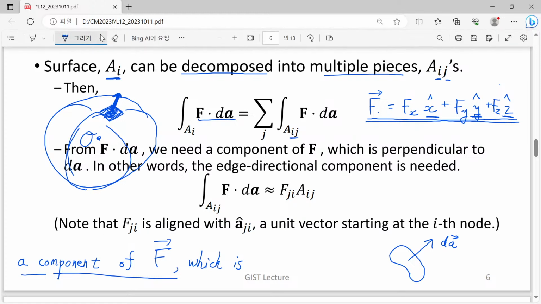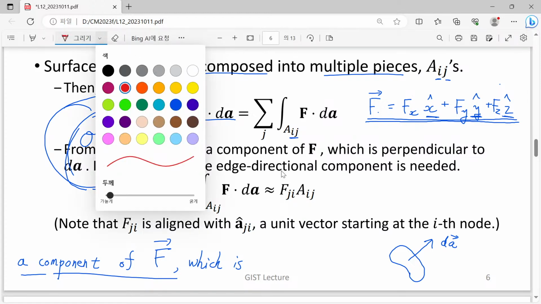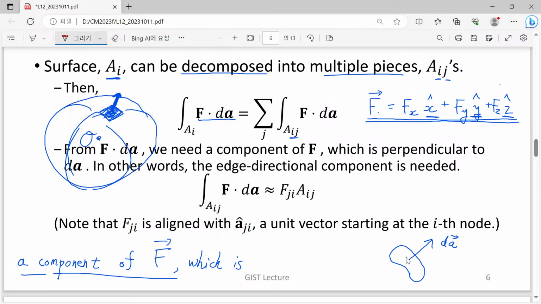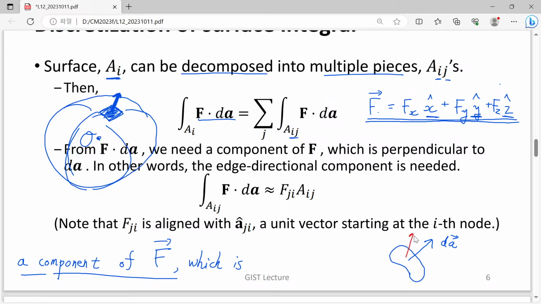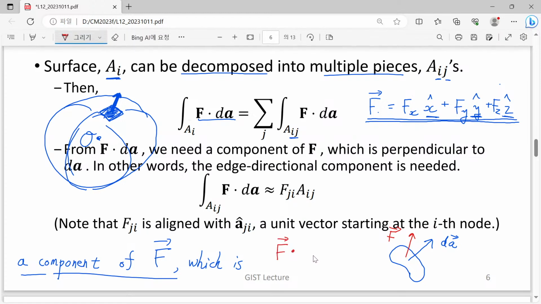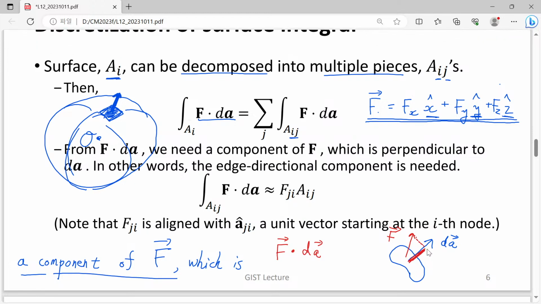And let's assume that on this surface our F vector has this direction, so they are not perfectly aligned. However, when we calculate F dot dA, we calculate just the F component which is aligned with dA.